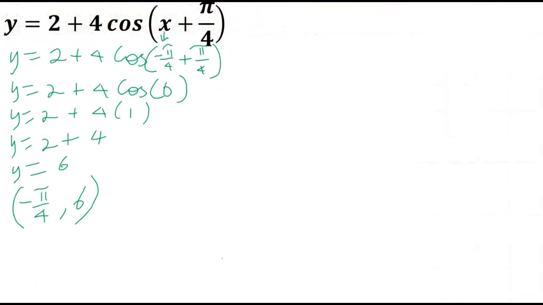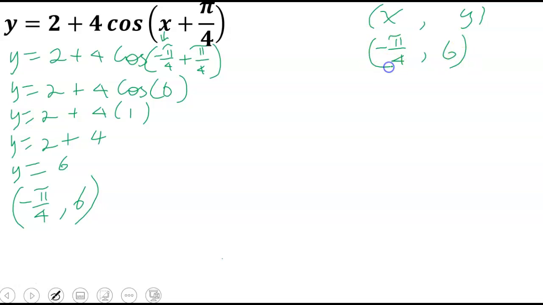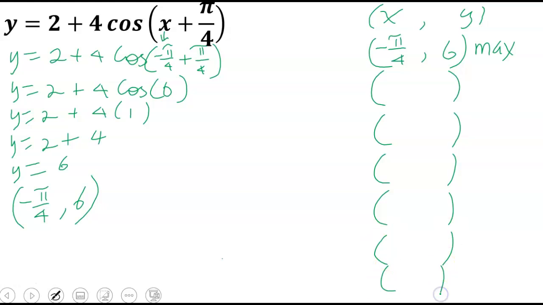So we can just use it now to create all our points. If x is theta, we have negative pi over 4, comma 6, and this is the maximum. Then we know the next is going to be the midline, so we can create some points here. This is going to be the midline, and this is going to be the minimum.